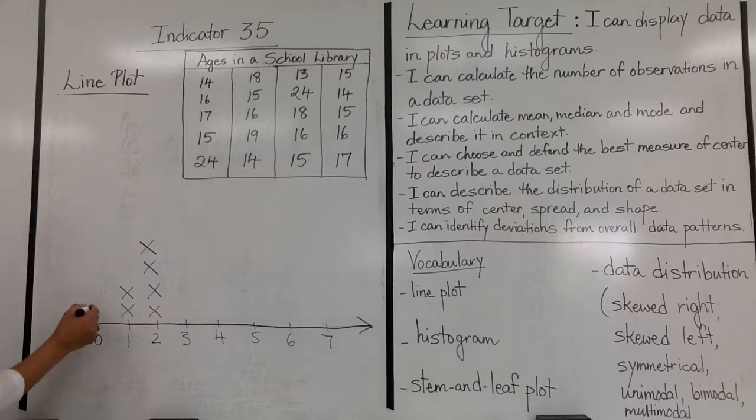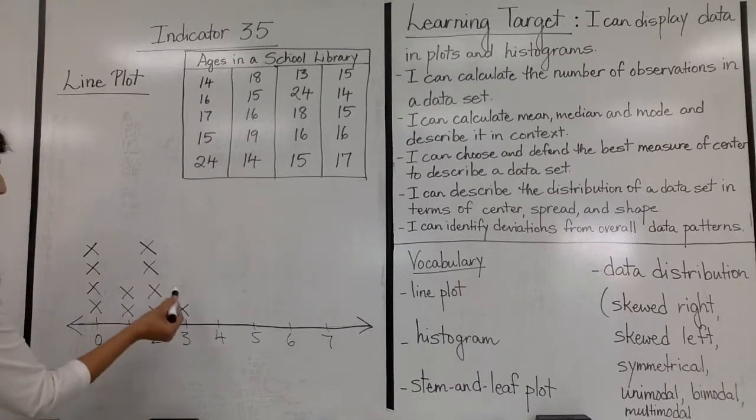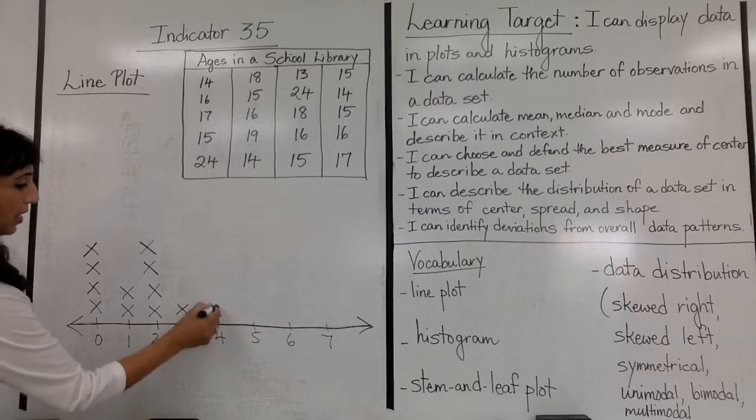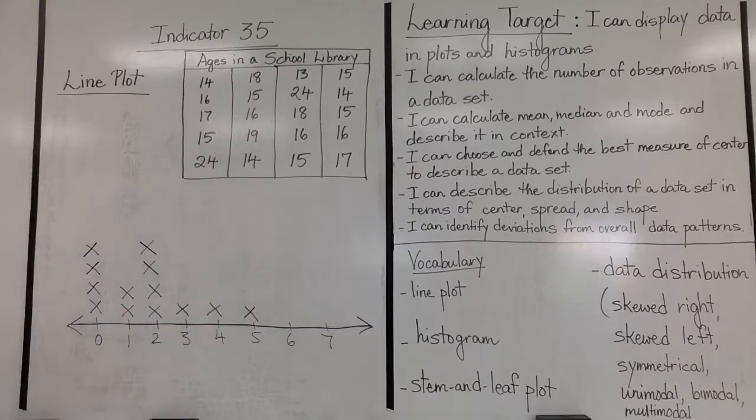Size 0, we have 4 people here. Size 1, there are 2 people. Size 2, there are 4 people. Size 3, there's 1. Size 4, there's 1. Size 5, there's 1. Okay, or let's just make size 1 like this.